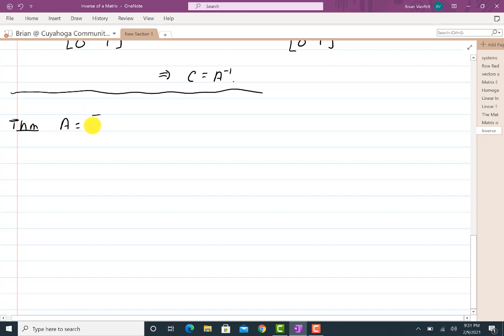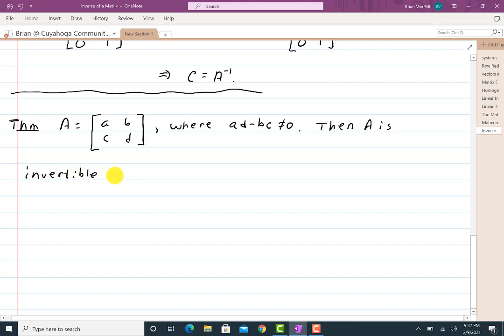Theorem: suppose A is equal to the matrix with entries a, b, c, d, where ad minus bc is not equal to 0, then A is invertible, and A inverse equals 1 over ad minus bc times, what we do is we swap the first and the last items from the matrix, and then we put negatives on the other elements, and that ends up being the inverse.